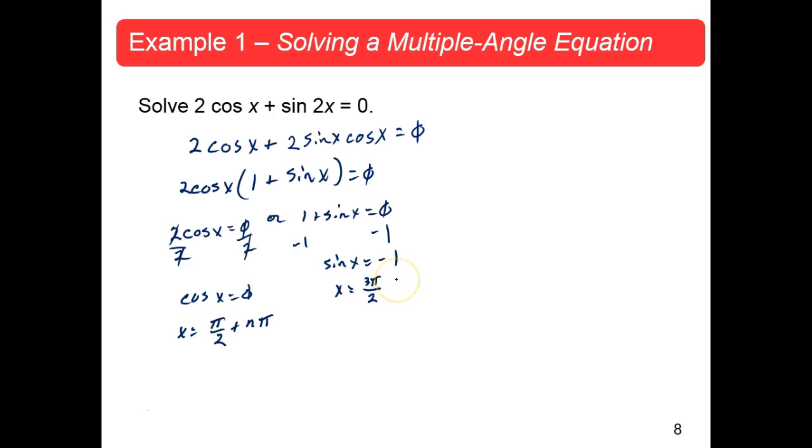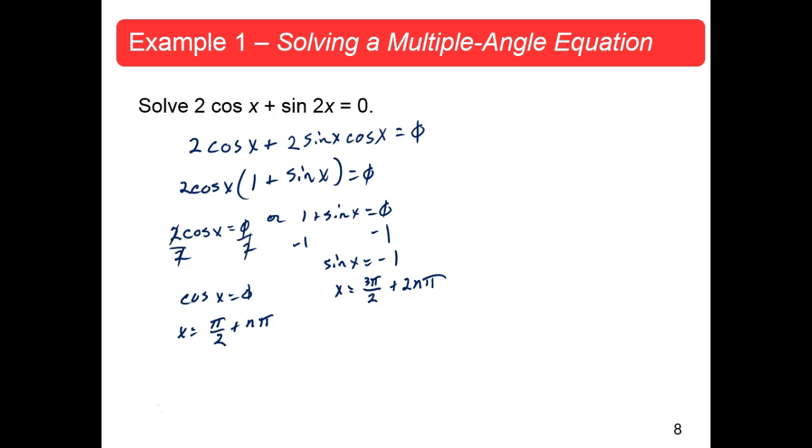And that's the only one in any period, but because sine has a period of 2 pi, you add 2n pi. That gives you all of them. You would have said 2n pi here, except that those zeros are exactly pi apart. So you just say plus n pi. You could say pi halves plus n pi and 3 halves pi plus n pi, or 2n pi. But why do that? They're exactly pi apart, so just make them that.